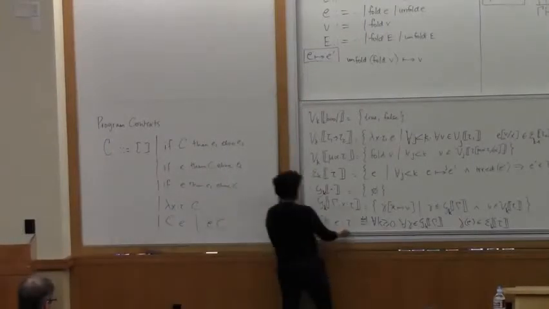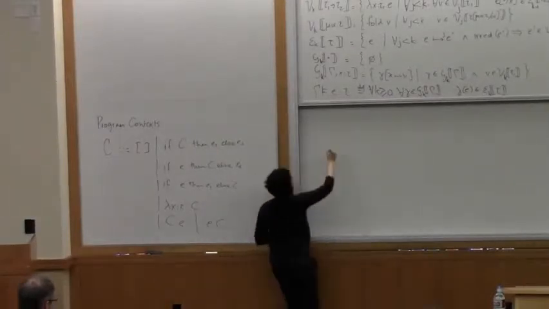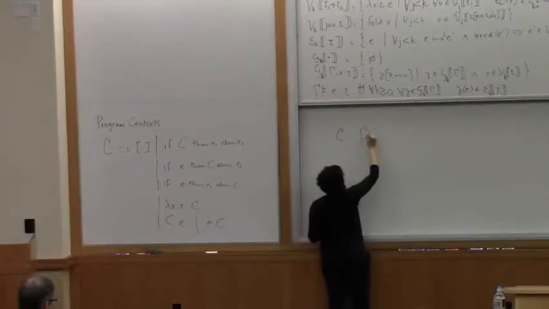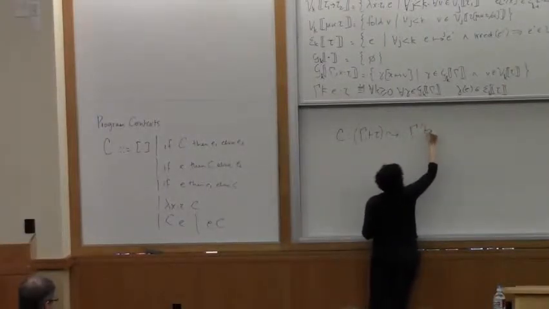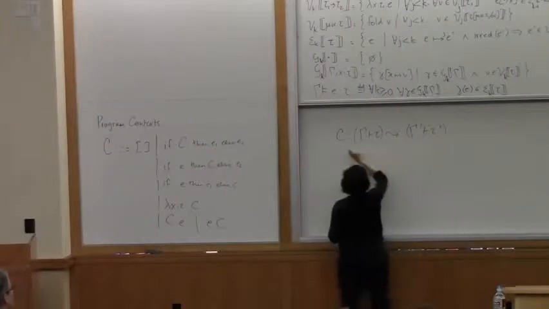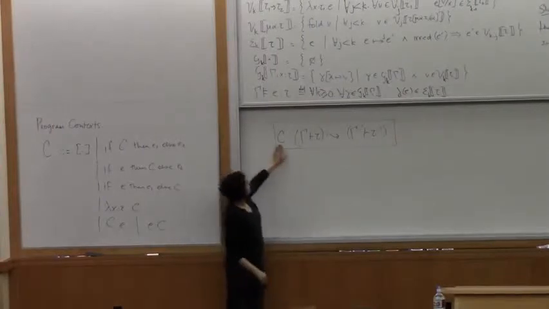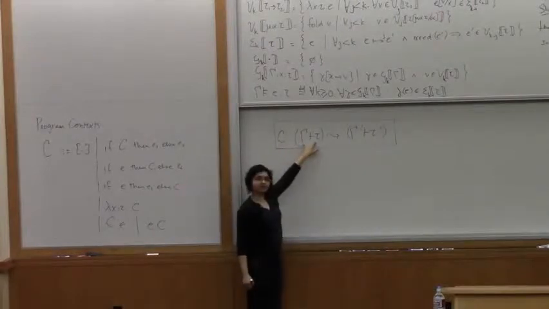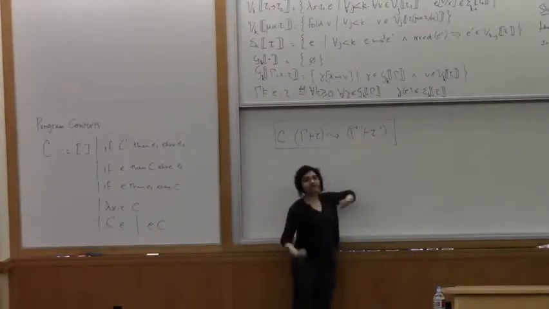Okay, so let's define. Let's push this up. I'm going to write down a context typing judgment that will have this form. And I'll explain it in a second. Okay, so when we say that a context C has this type, we mean that the type of the hole is this, and this will be the type of the entire expression after it has been plugged.